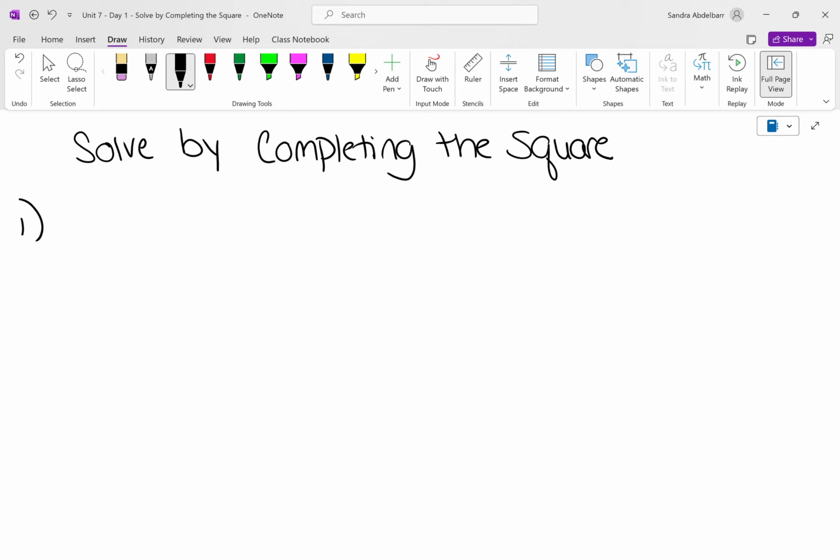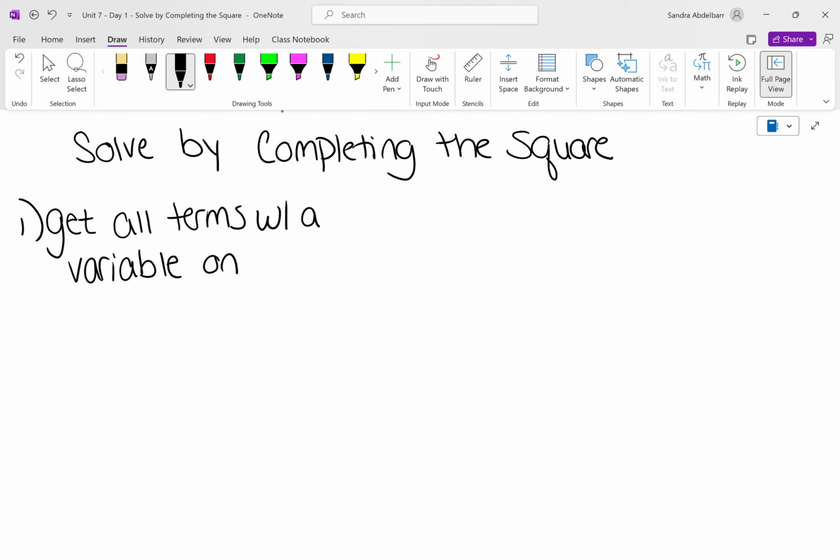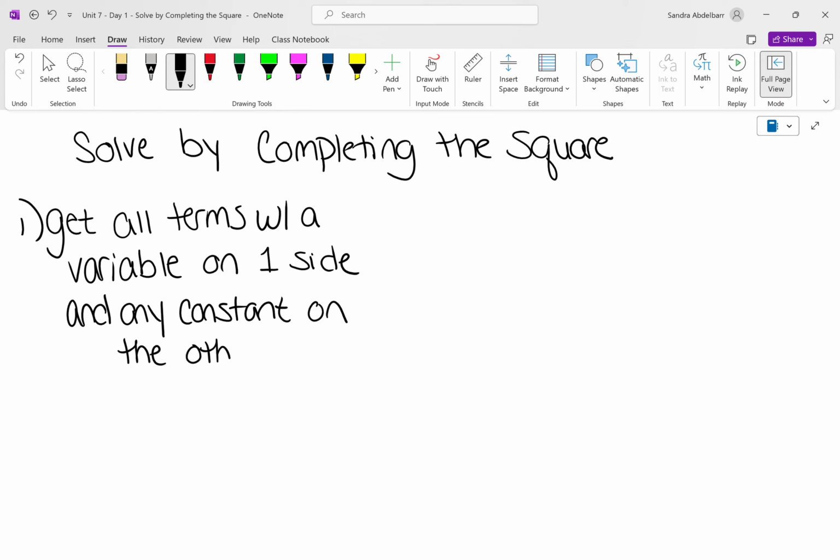All right, the steps to solve by completing the square, we want to get all terms with a variable on one side and any constant on the other side.